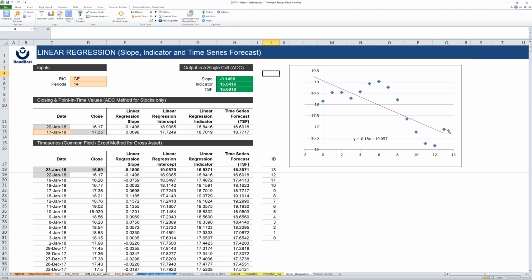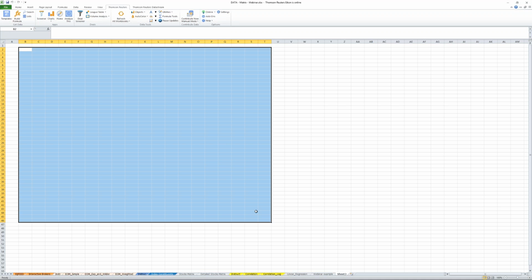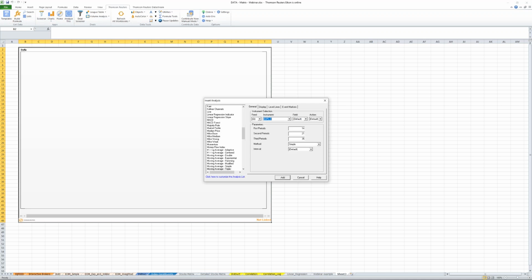You can see now that GE had a positive day. Let me chart it here so we could see it. So we want the candlesticks of GE.